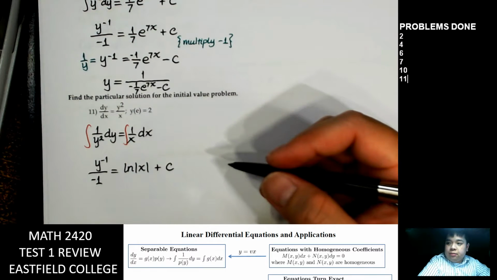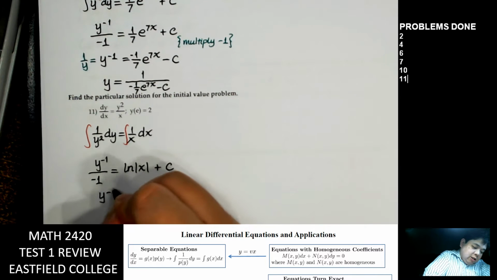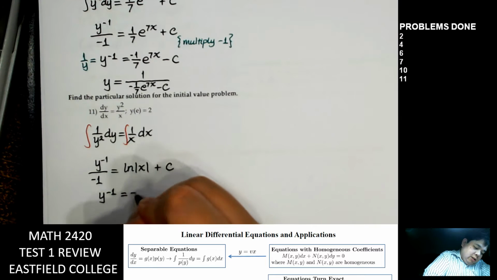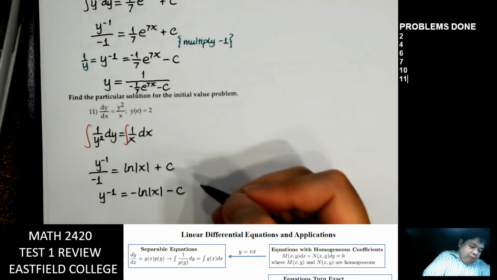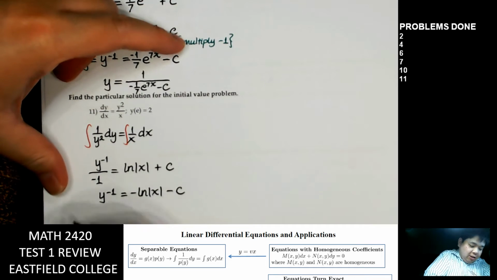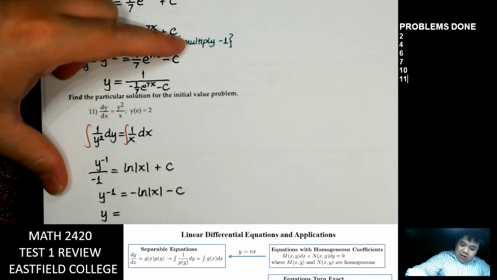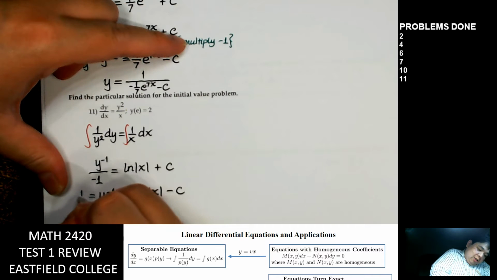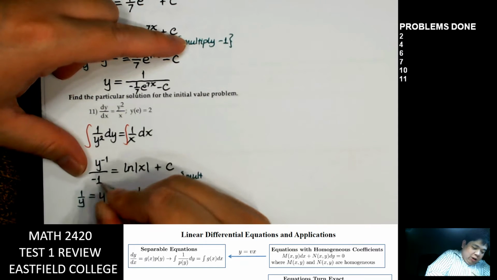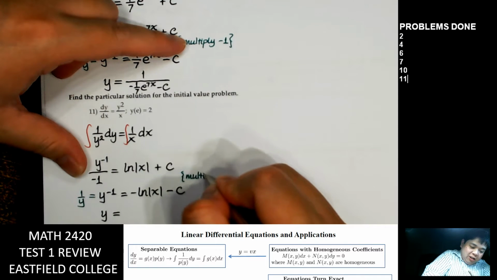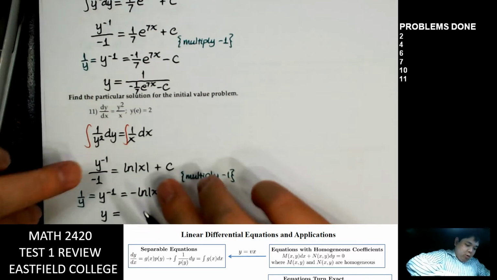And again, we take the negative to that side. Right. And then we flip it, because here we multiply by negative 1. So the negative 1 goes to this side. And we just flip both sides.